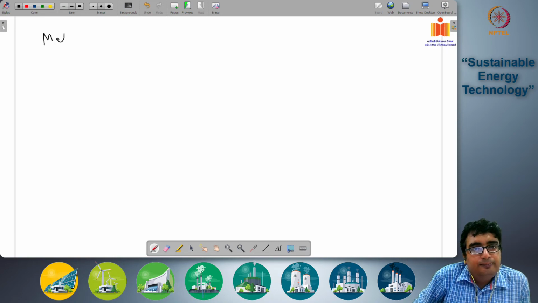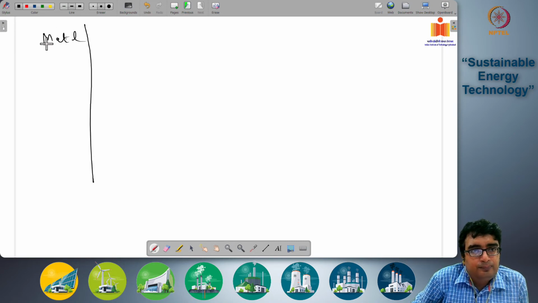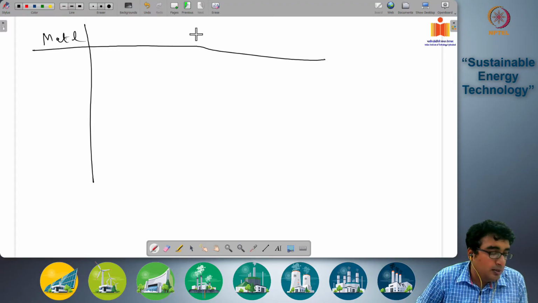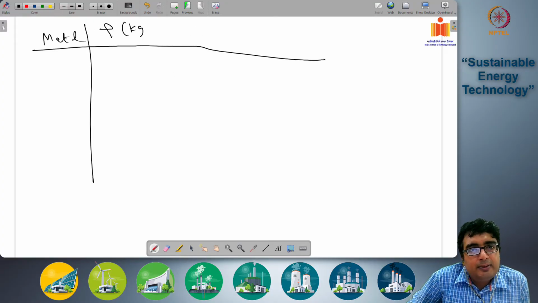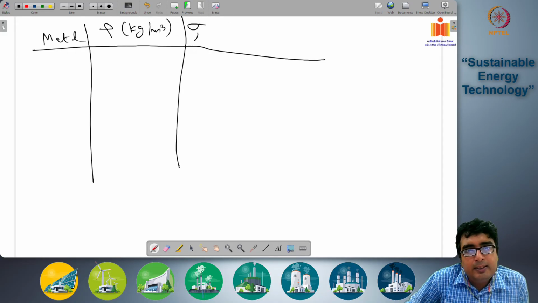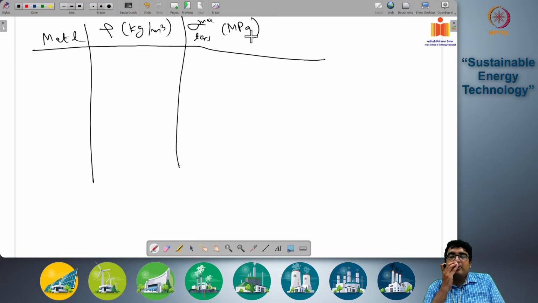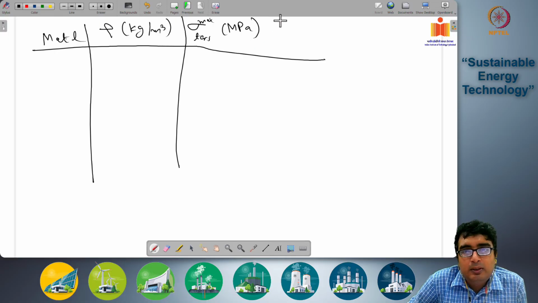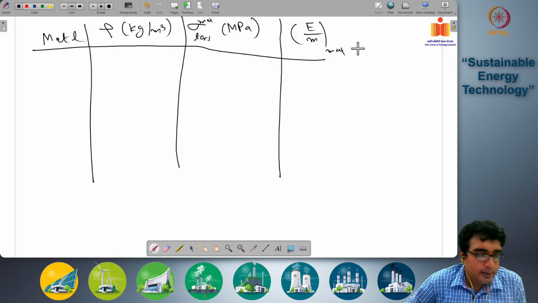So material, then density of the material in kg per meter cube, followed by sigma tensile max in megapascals. Pascal is Newton per meter square, so megapascals is 10 to the power 6 newtons per meter square. Then the specific energy density E by m max in kilojoule per kg.